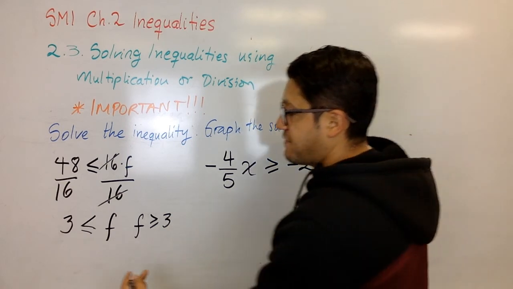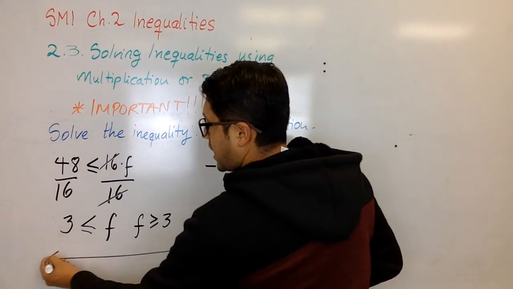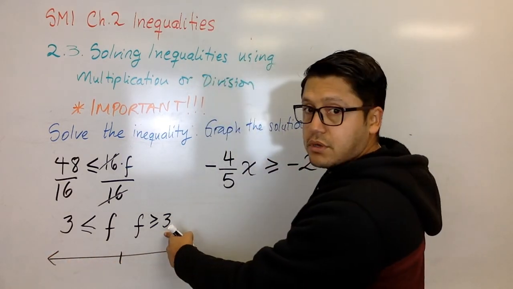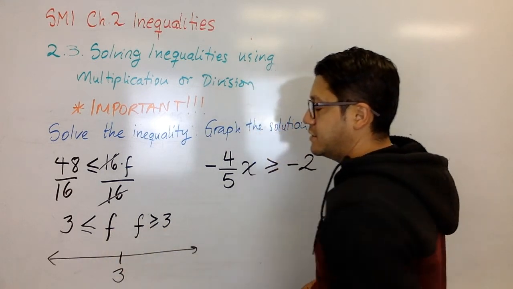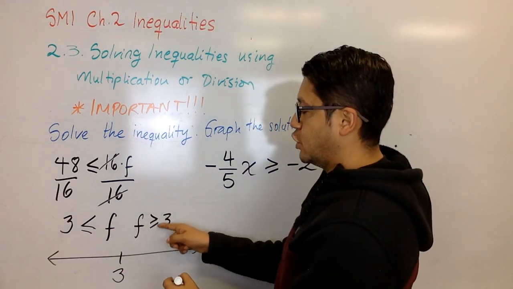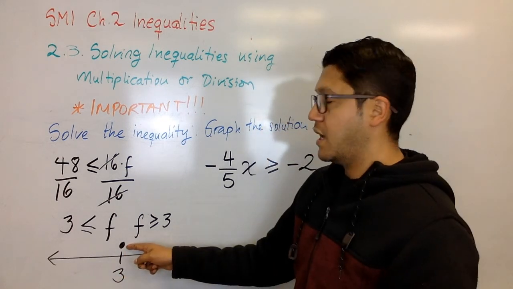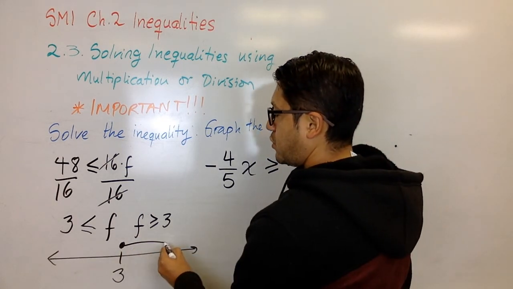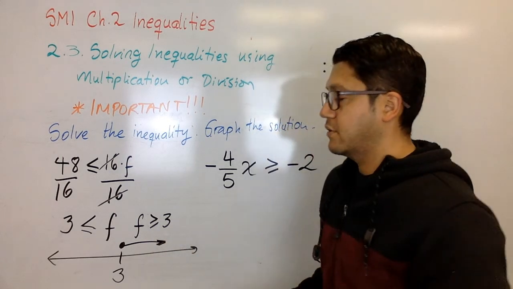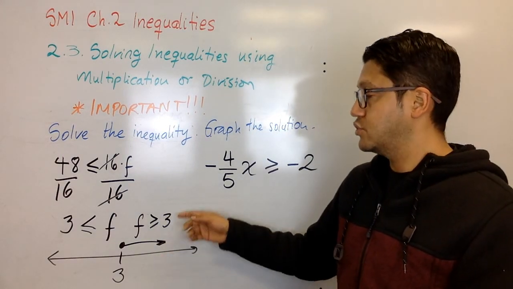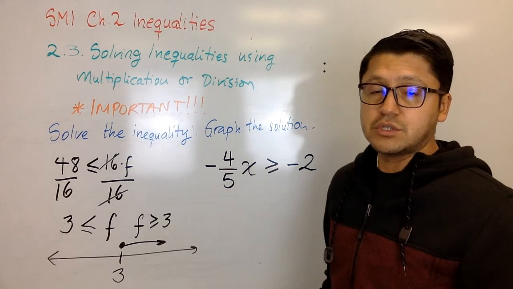If I want to graph that, I just have to use the reference number 3 right here, and the solution includes number 3, so I draw the dot, and the arrow is going to point at the right of 3, and this is the graph of the solution. This is the solution in algebraic form.